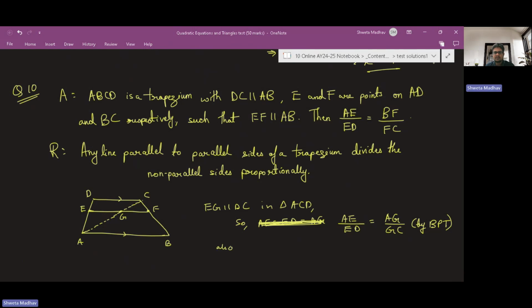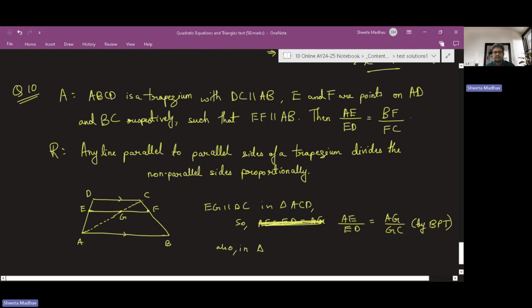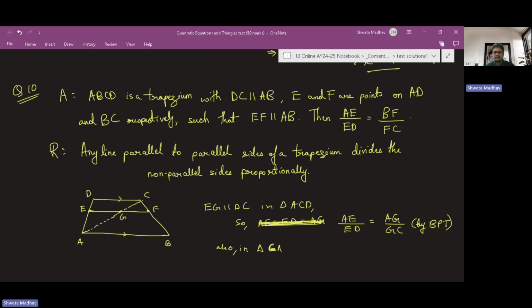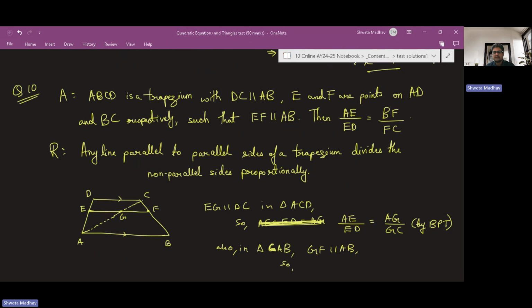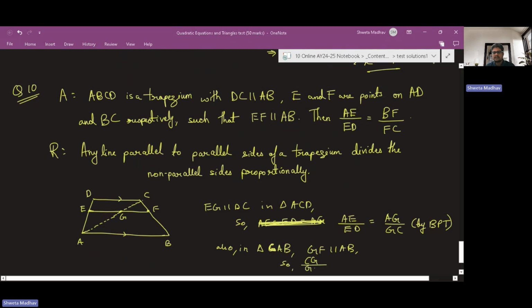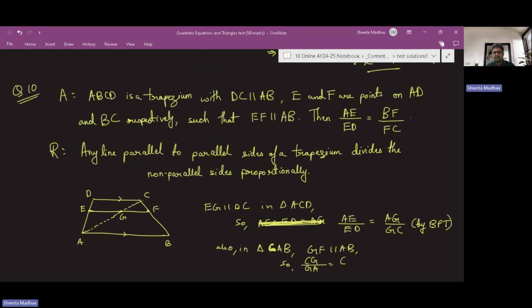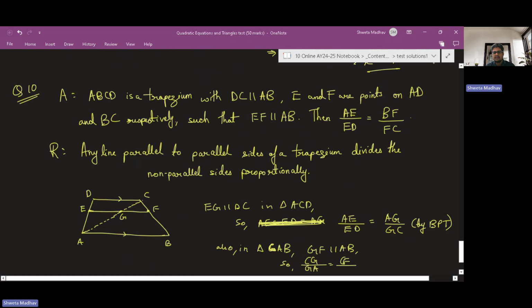And also similarly in triangle CAB, GF is parallel to AB. So we can say that CG by GA is equal to CF by FB.